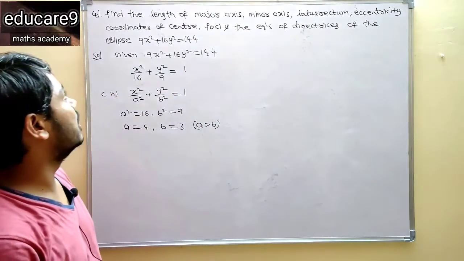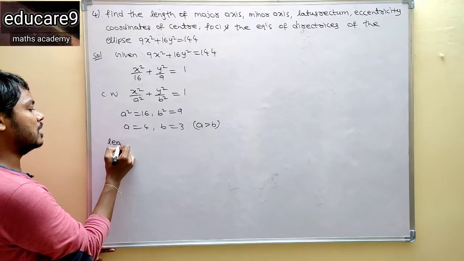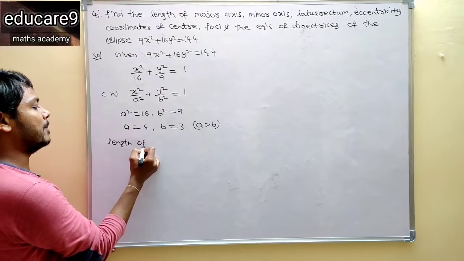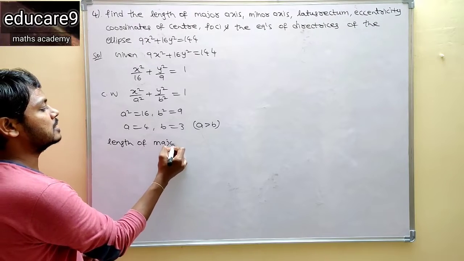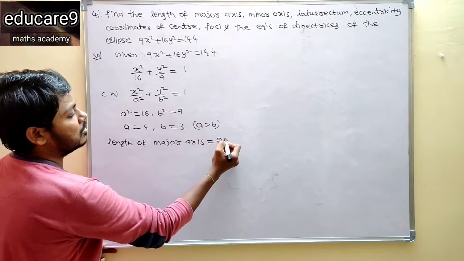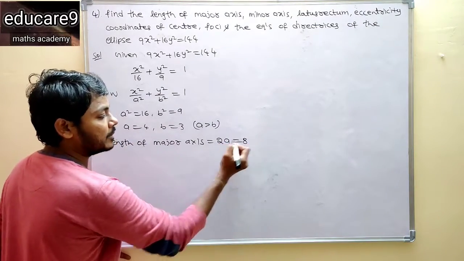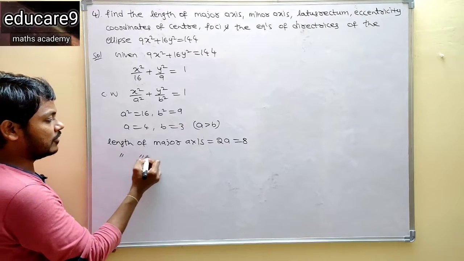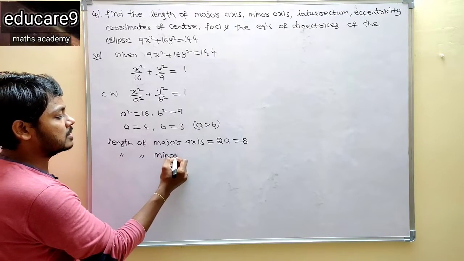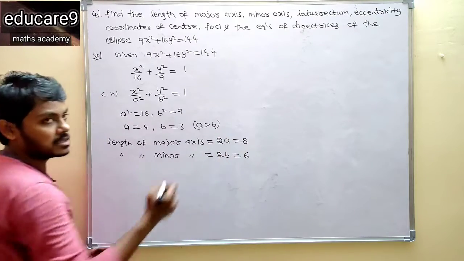So first one, length of major axis. That formula is what? 2a. So 2 into 4, you will get 8. Next, length of minor axis, that is 2b. 2 into 3 is 6.